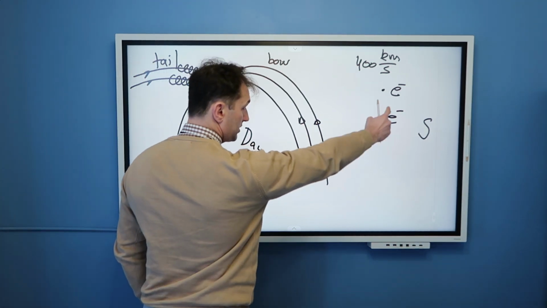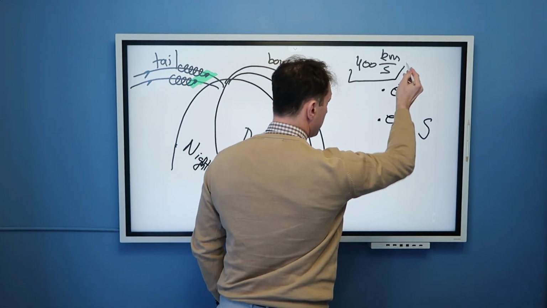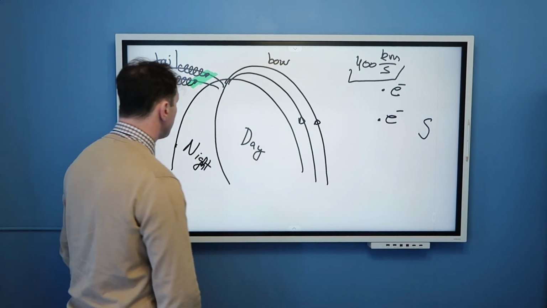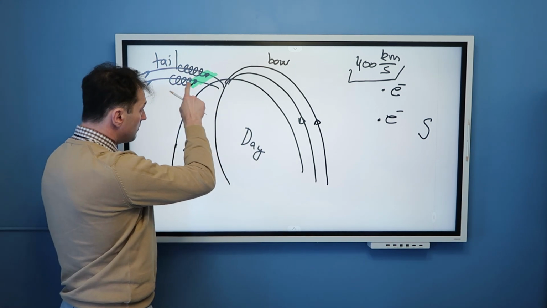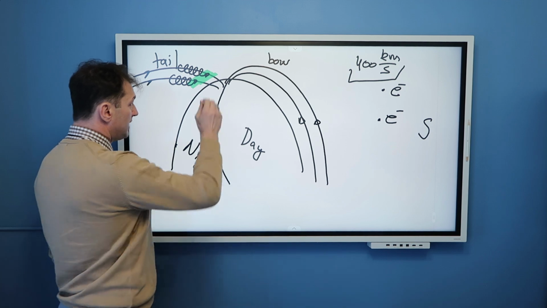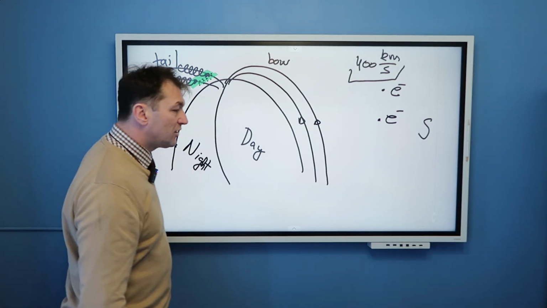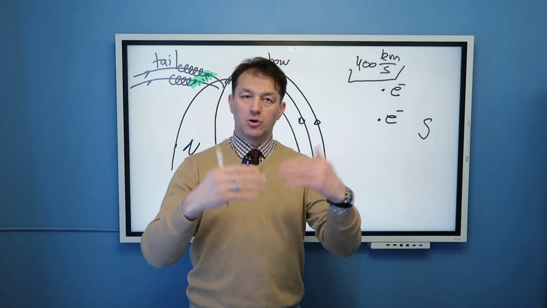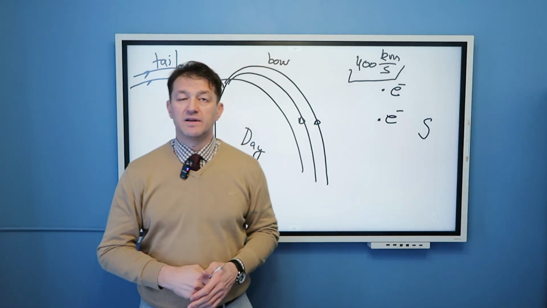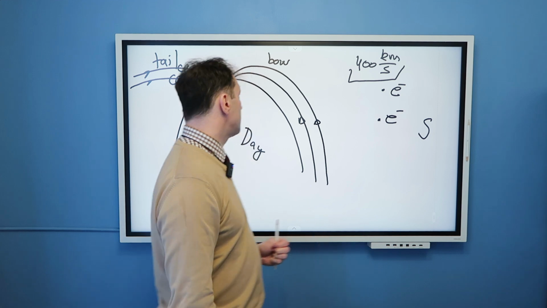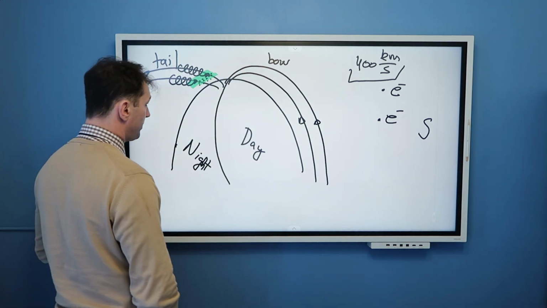Now, these electrons, as you can see, have very high energy. They move at very high speed. And when they start moving towards the planet Earth, they collide with molecules and atoms of the air at those heights that I just said, typically between 80 and 250 kilometers.